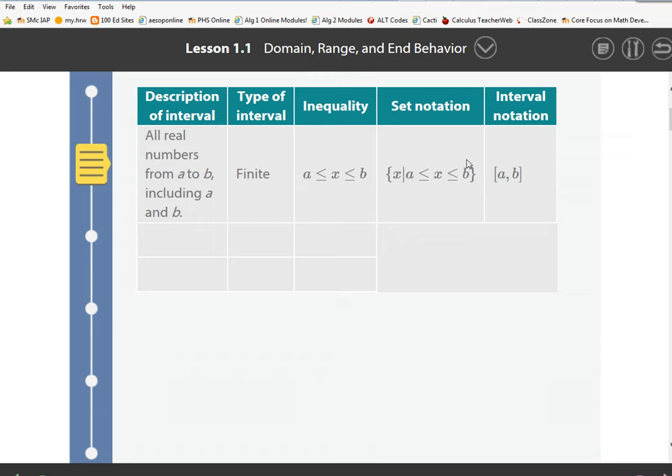It means we're enclosing a bunch of values. And then all this is saying, remember, is just that x such that this is true, such that x is pinched between A and B inclusive, or such that x is greater than or equal to A and less than or equal to B. It's really almost the same as that, isn't it? Just notationally a little bit different.